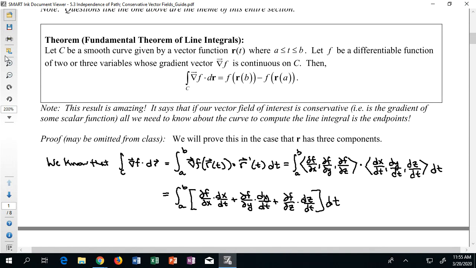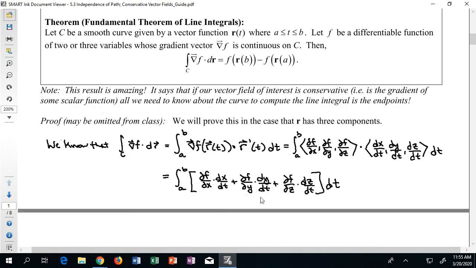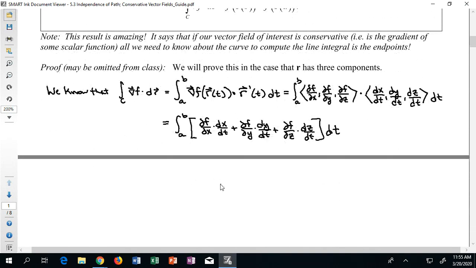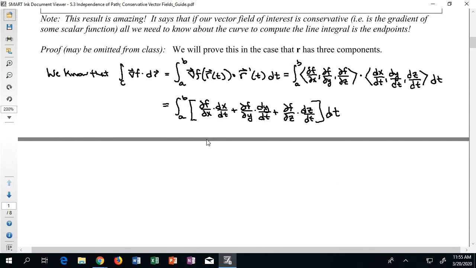Now, if you look at this, you might notice that it looks very similar to a previous topic we've discussed this semester. Doesn't this kind of look like a chain rule? You might even be able to guess what it's the chain rule of.